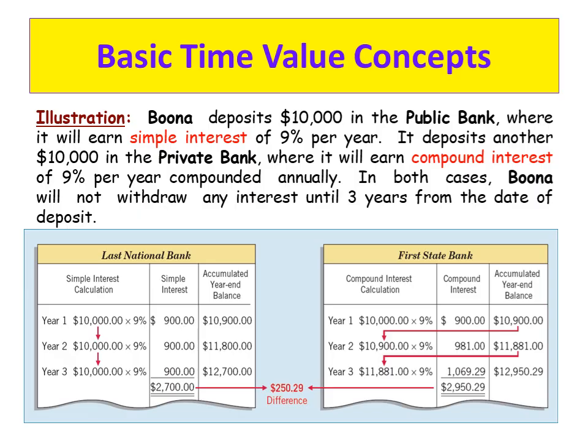It deposits another 10,000 in the private bank, where it will earn compound interest of 9% per year, compounded annually, where N is the number of annual payments. In both cases, the owner will not withdraw any interest until 3 years from the date of the deposits.